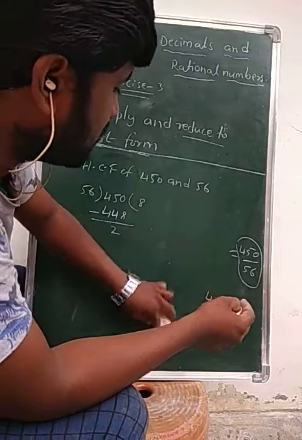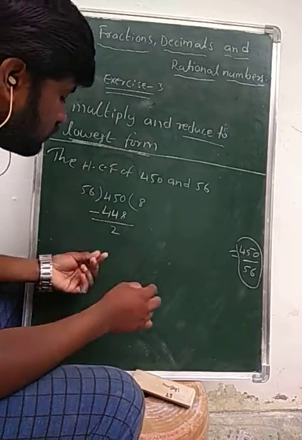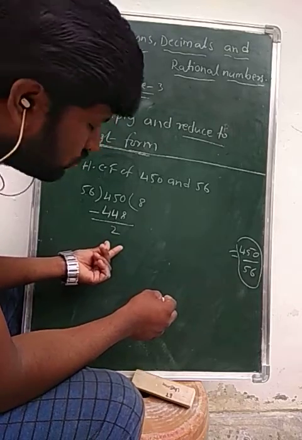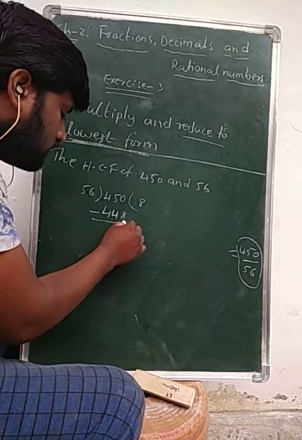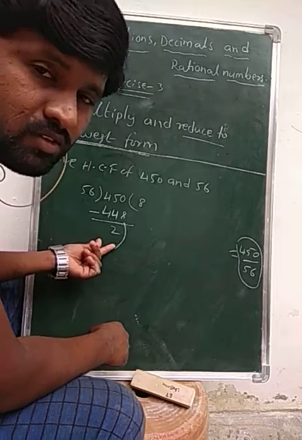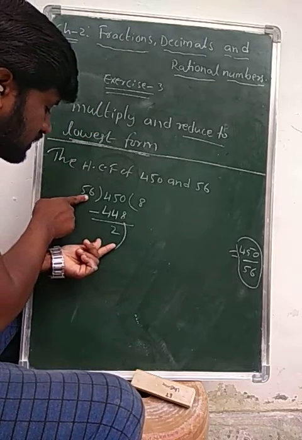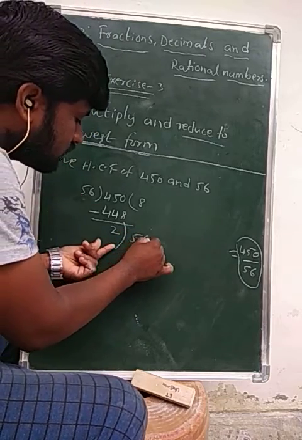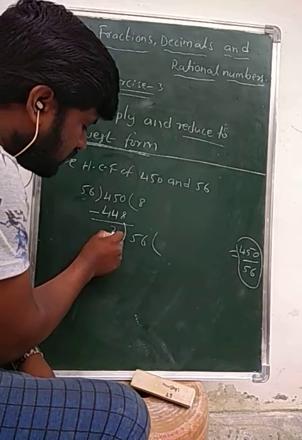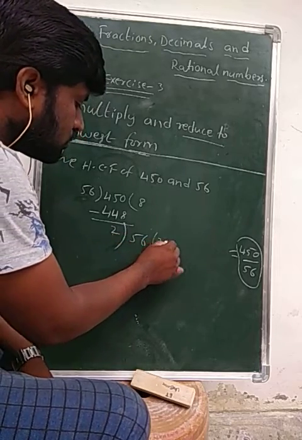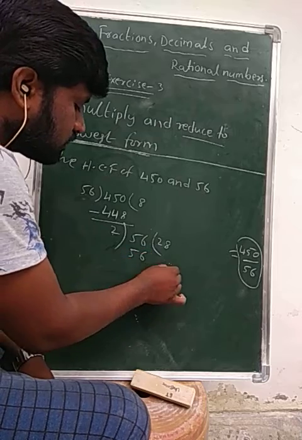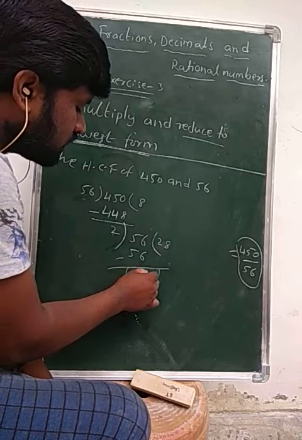Yes, now 2 as a remainder. 2 is what, Nana? Remainder. This 2 acts as a divisor. The divisor 56 acts as a dividend. Okay, now by using the 2 table, 2 28s are 56. So clearly we get the remainder is 0.